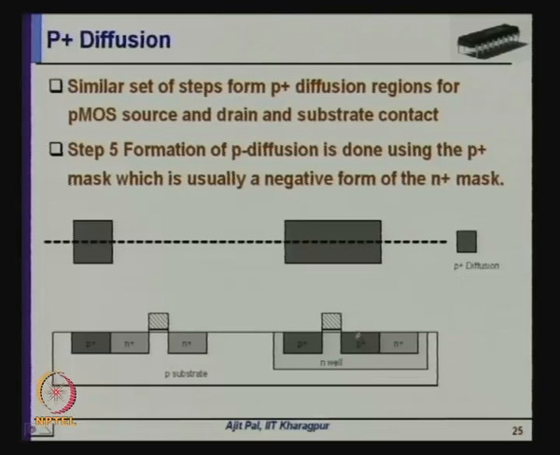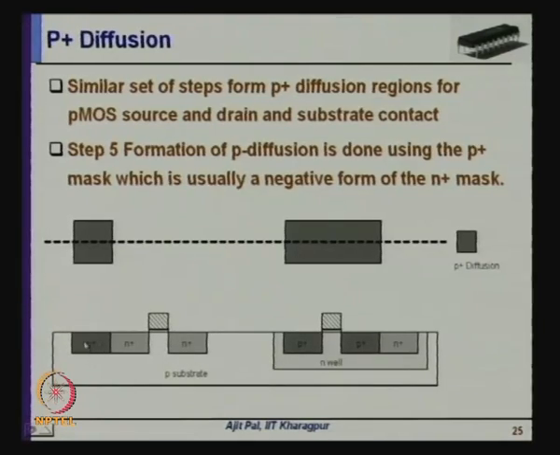This is how the P plus diffusion is done. As you can see here, P plus diffusion is done in three regions. First, the source and drain region of the PMOS transistor, and also another P plus region is created here to make contact with the P substrate, because you will see later on that the entire substrate has to be connected to ground.